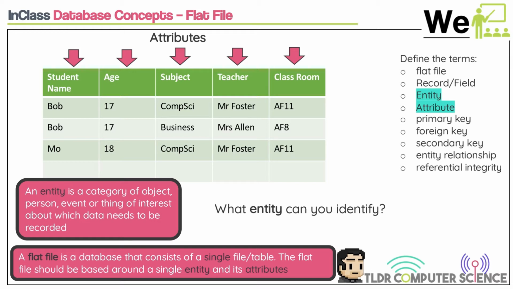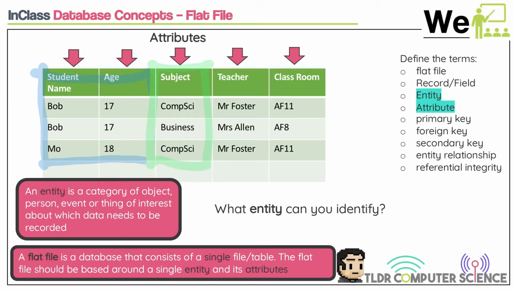So as discussed earlier, we could probably quite easily identify a bunch of different objects here, or entities, I should say, my bad. We could say that the student name and the age belong to an entity that we might refer to as a student. We could say that subject could be an entity, which makes sense to call it subject.